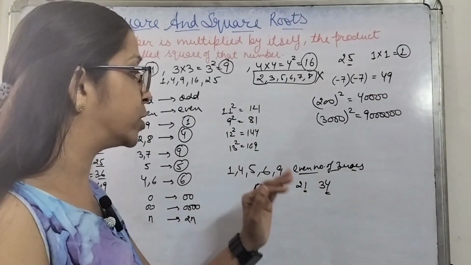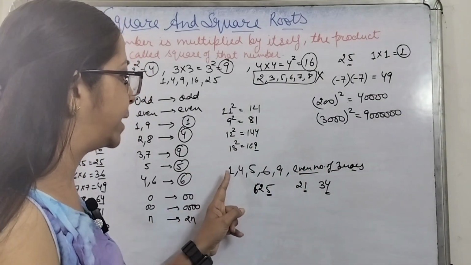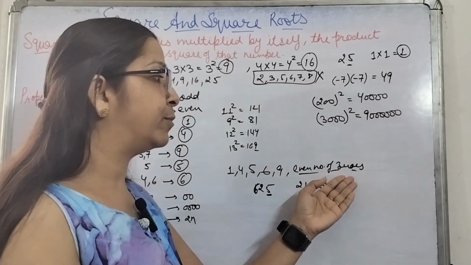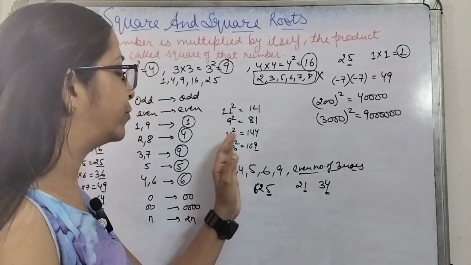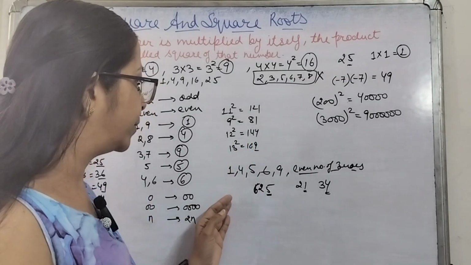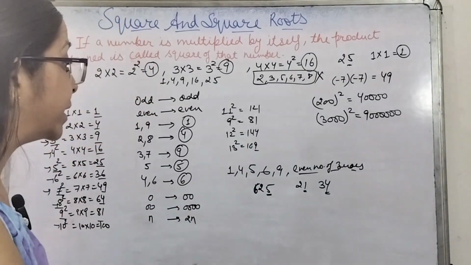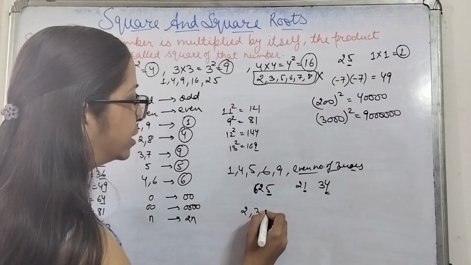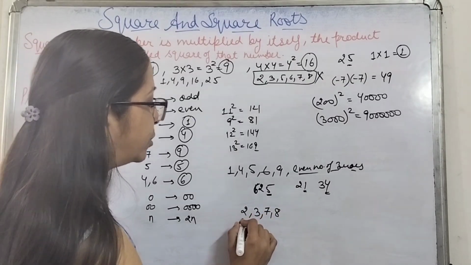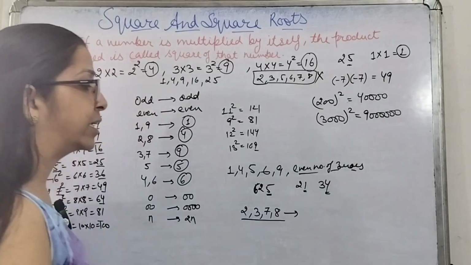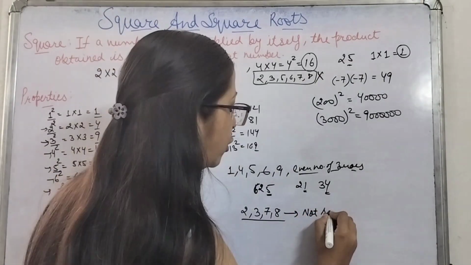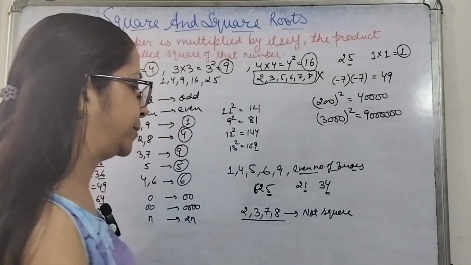But it is possible that if a number is ending with 1, 4, 5, 6, 9, or an even number of zeros, then these types of numbers could be squares of some number. But if a number is ending with 2, 3, 7 or 8, then directly we can say that the given number is not a square of any number.